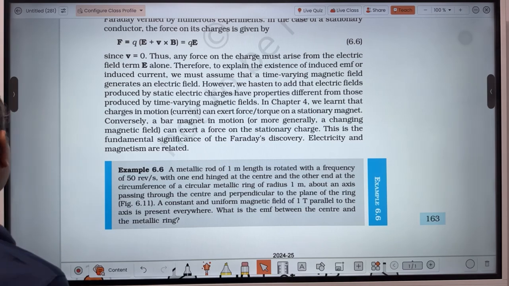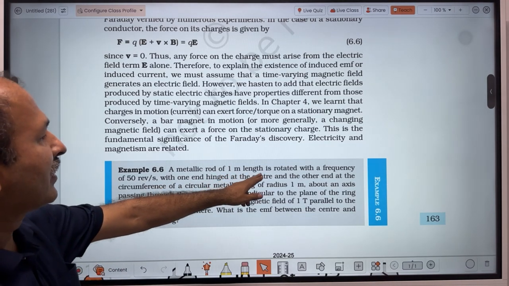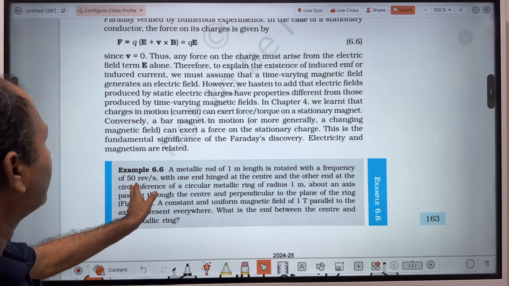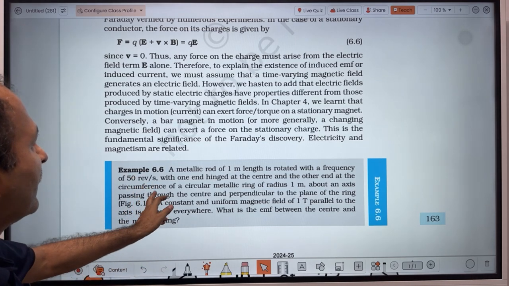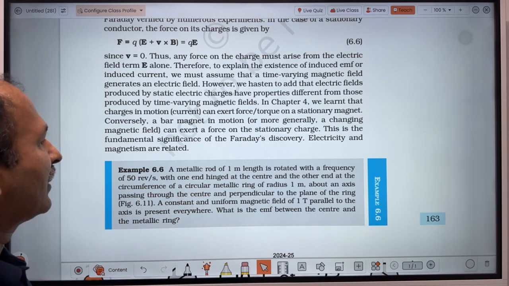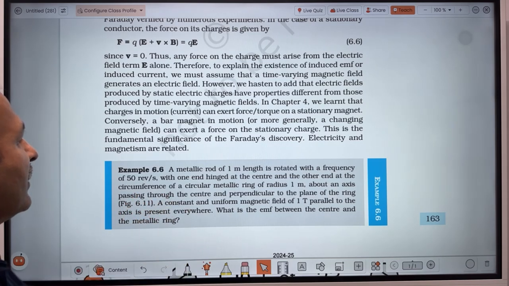Now let's see one important question. A metallic rod of 1 meter length is rotated with a frequency of 50 revolutions per second, with one end hinged at the center and the other end at the circumference of a circular metallic ring of radius 1 meter, about an axis passing through the center and perpendicular to the plane of the ring.